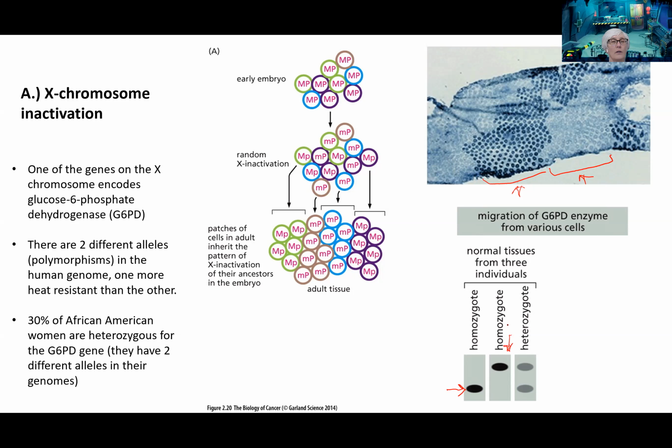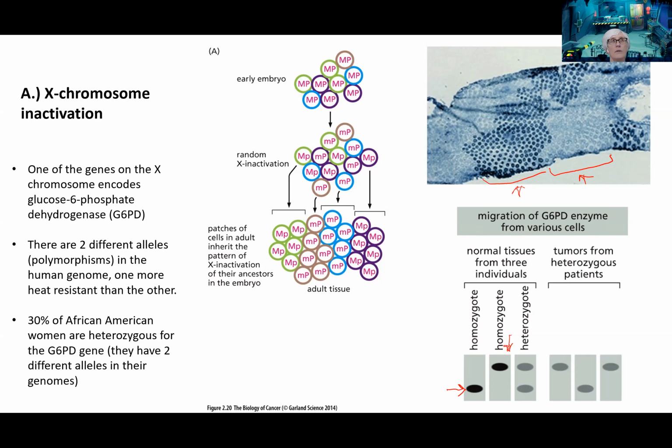Finally, when we look at tumors from heterozygous individuals, we see that the tumors are all homozygous, even though the patients themselves are heterozygous, meaning that the tumors arose from cells that had the same X chromosome inactivated.